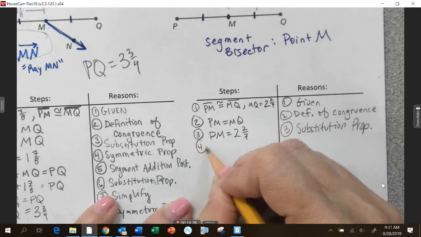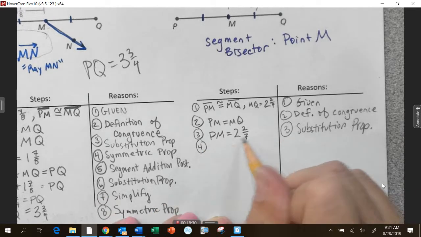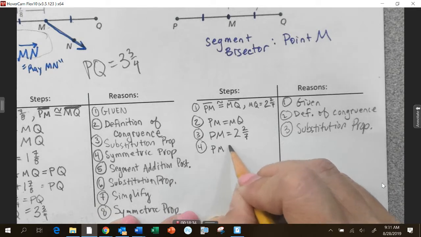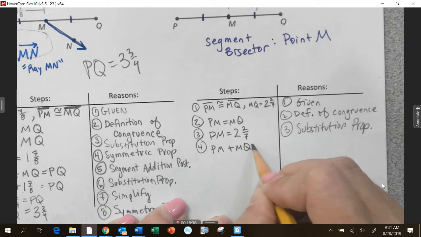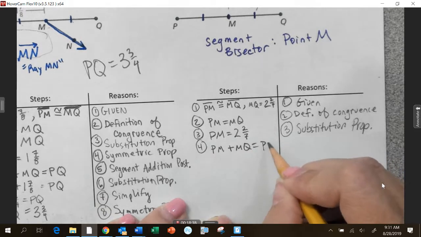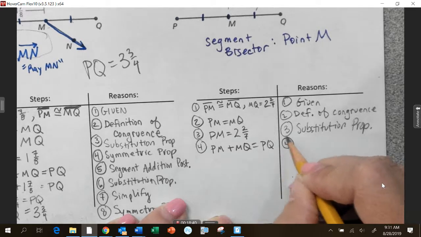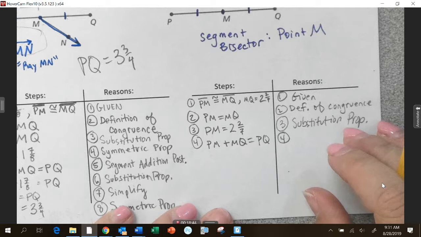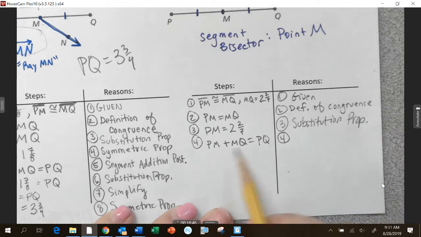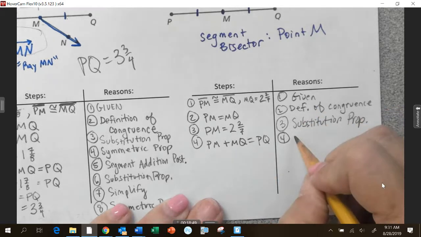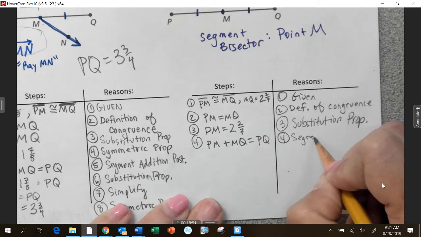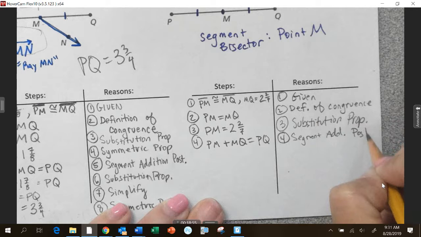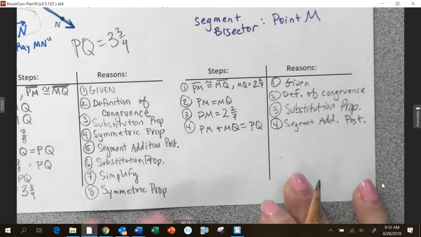Number 4, now that I know what PM is, I'm going to say PM plus MQ equals PQ. What's the reason for that? Rakaya, do you know the reason? Segment addition postulate. Good. Oh, she abbreviated that.